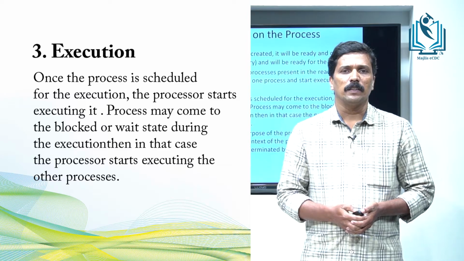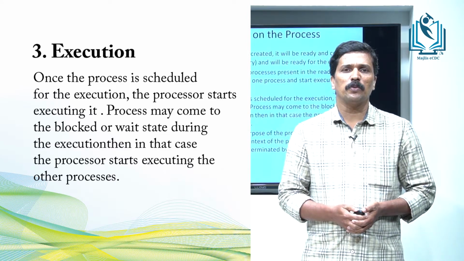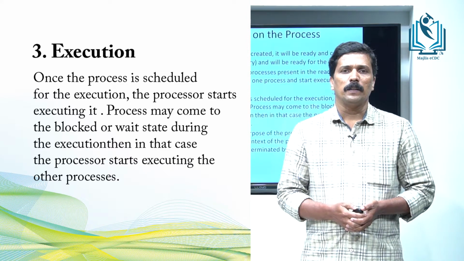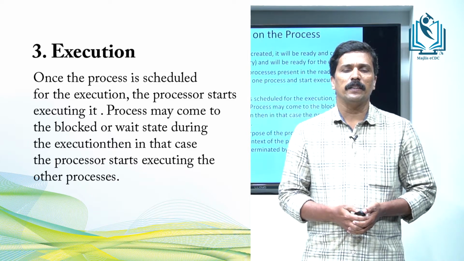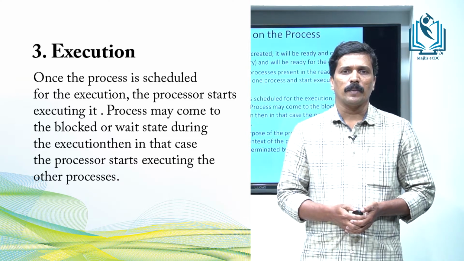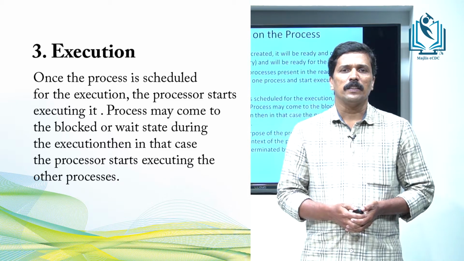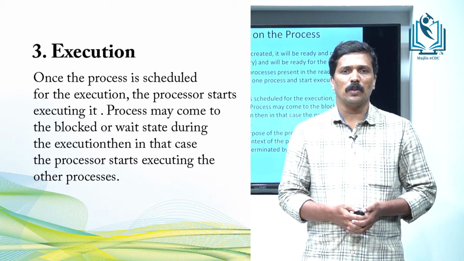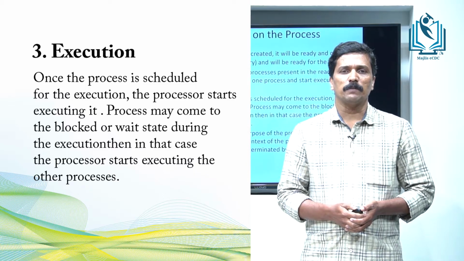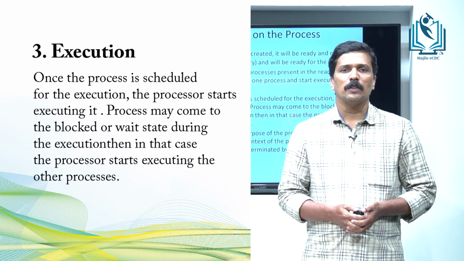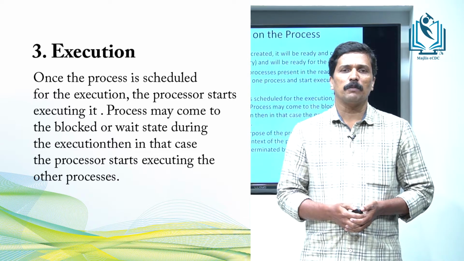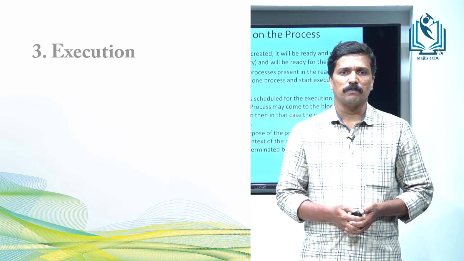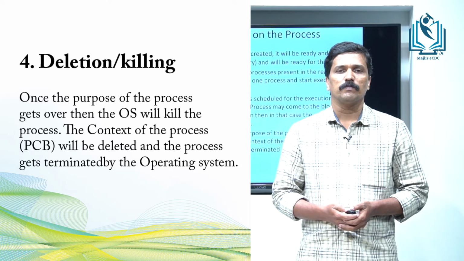Execution means when a process is scheduled for execution, it will be executed by the processor. During execution, if an error occurs or an interrupt occurs, the processor moves to another process for execution. Deletion or killing.